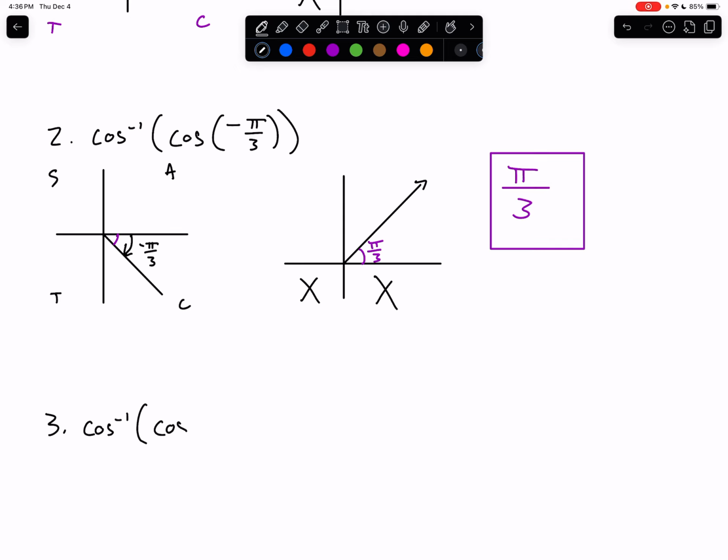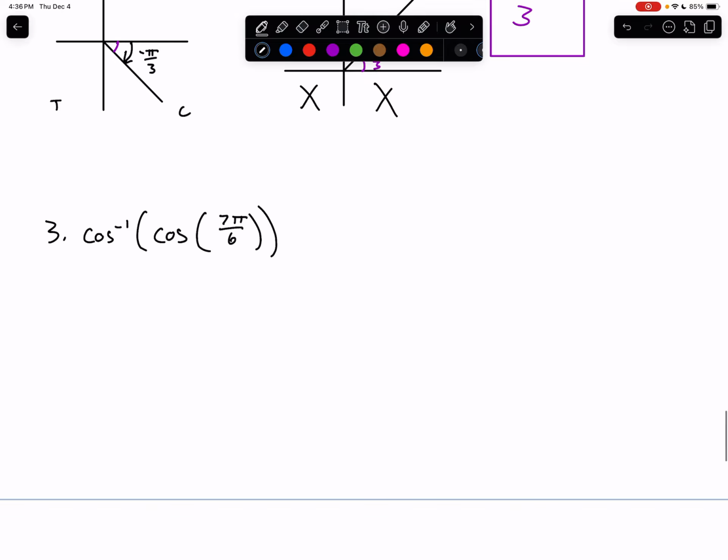Maybe let's do it in, how about quadrant 3? So let's make it 7 pi over 6. Okay, so 7 pi over 6 is in quadrant 3, down here. That is my 7 pi over 6.